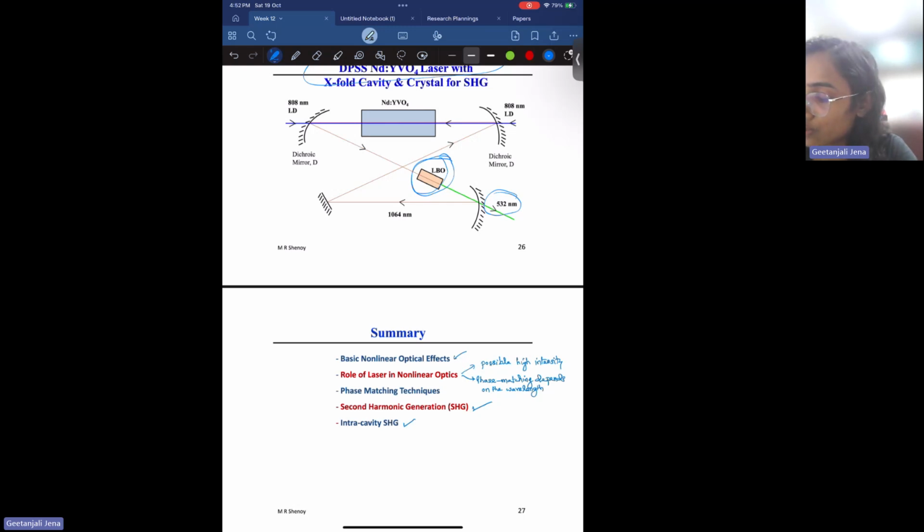So this is the summary of how you can observe nonlinear effects using a laser beam. Because of the high intensity of the laser beam, you can see nonlinear effects. There are different types of nonlinear effect, Chi2, Chi3, Chi4, and depending on the order of the susceptibility, you will see different types of nonlinear effect, maybe second harmonic generation, sum frequency generation for Chi2, and other higher order optical phenomena for the higher order susceptibility.